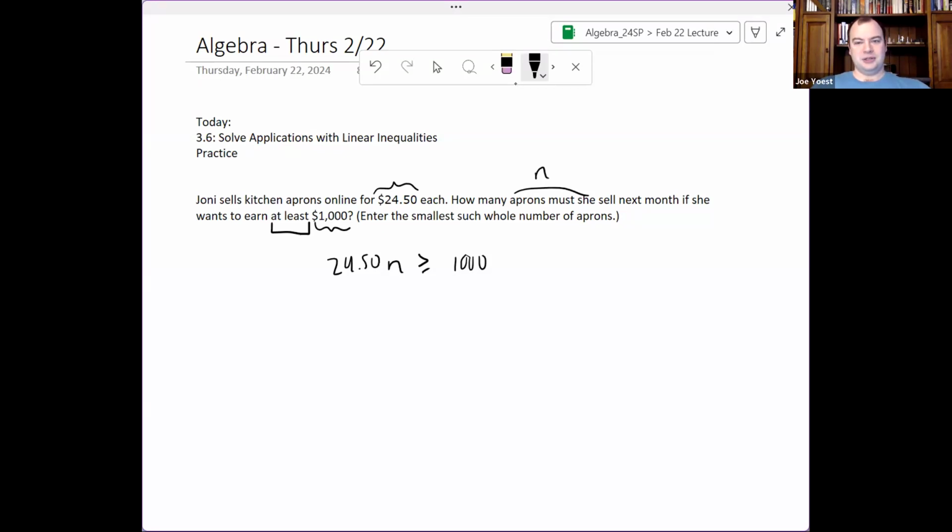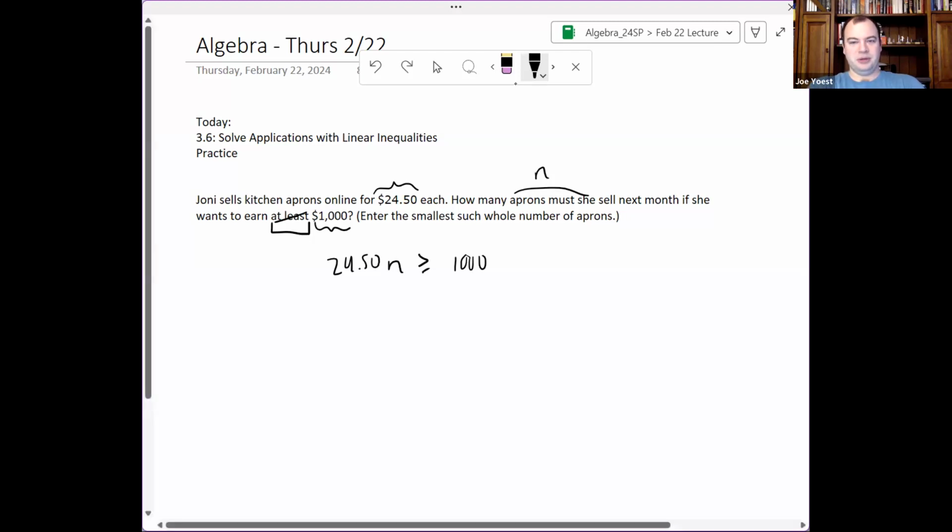If this had instead said more than, if she earns $1,000 on the nose, did she earn more than $1,000? Well, in that case, no, right? So if it said more than instead of at least, we would write a strict greater than. But because it says at least, we write greater than or equal to.